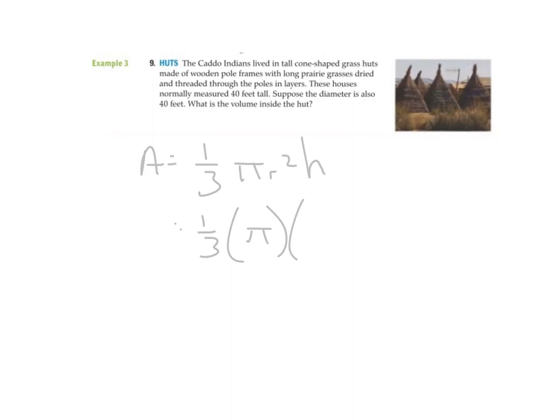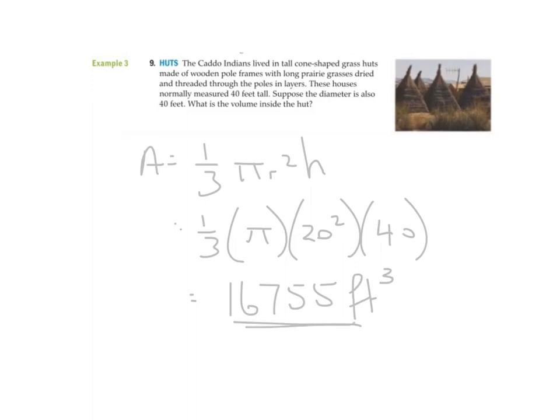Well, obviously the radius is 20, so that's going to give you 20 squared, and then the normal height is 40. And again, if you put that all into your calculator, actually you get quite a big number. It's 16,755 feet cubed. Okay, so you've got quite a large volume in what is actually their grass huts.